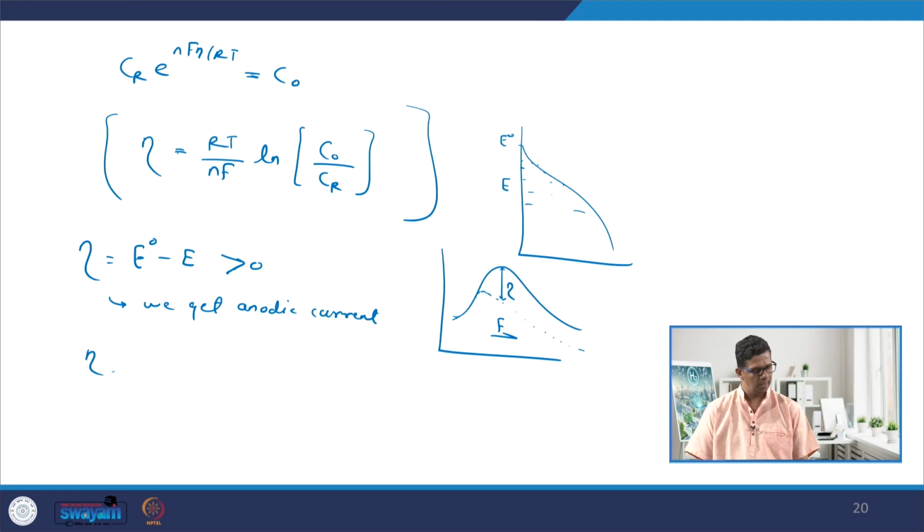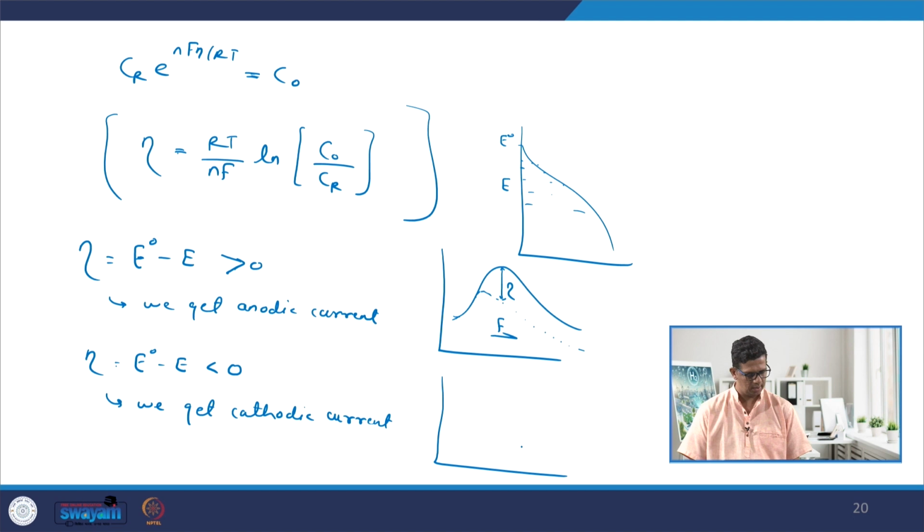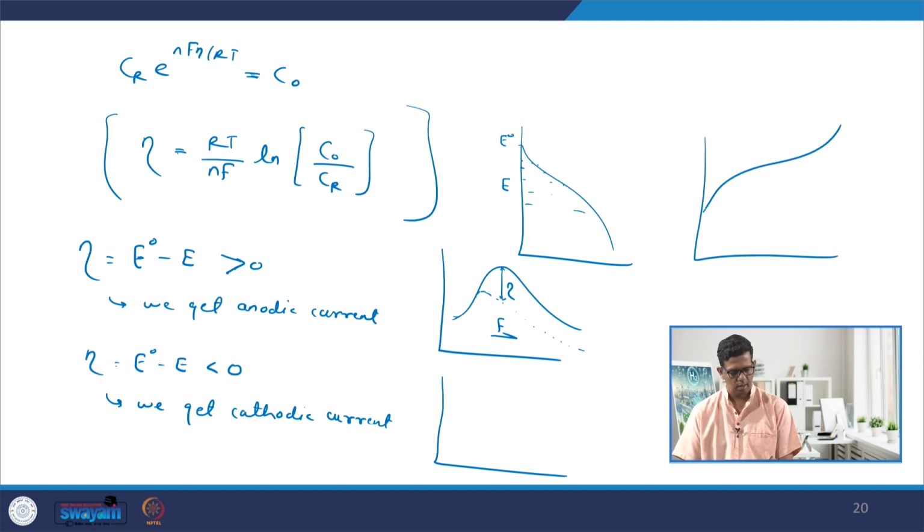However, if this eta, which is E naught minus E, is less than 0, we get cathodic current, or in other words, in case of electrolyzers, let me draw it here for the electrolyzers. So this is our E naught, and these are operating potentials. So E naught minus E is always negative in case of electrolyzers.